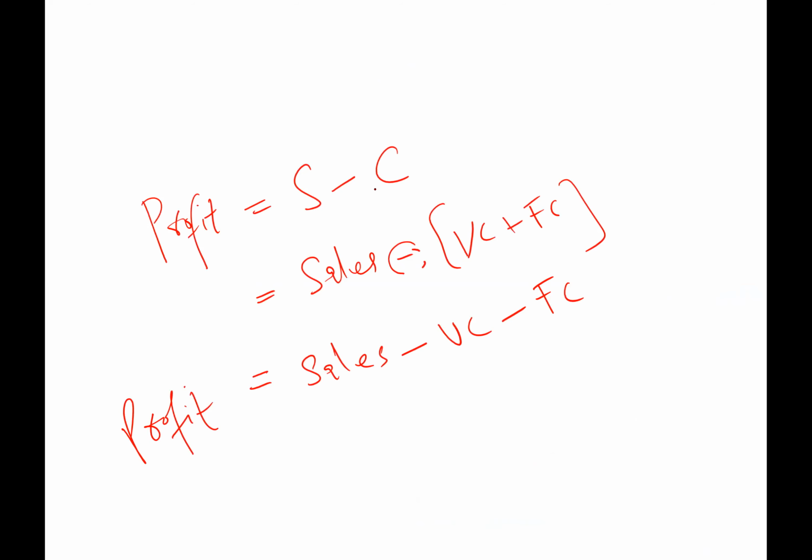Right? So we define that total cost is equal to fixed cost plus variable cost. So this is the equation for profit.